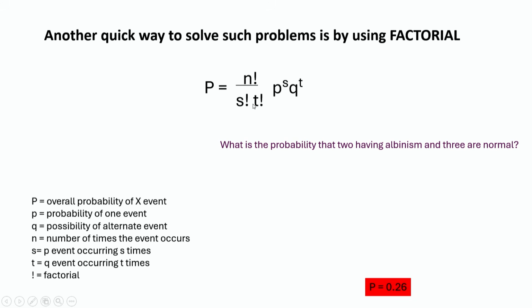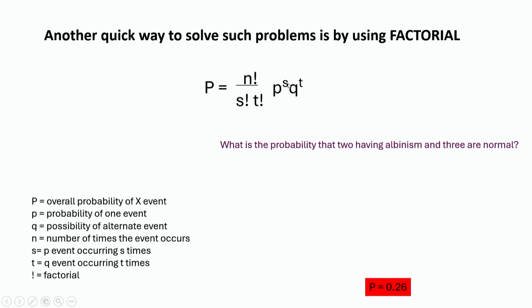And S is the number of times the P event occurs. So normal child, how many times? Albinic child, how many times?